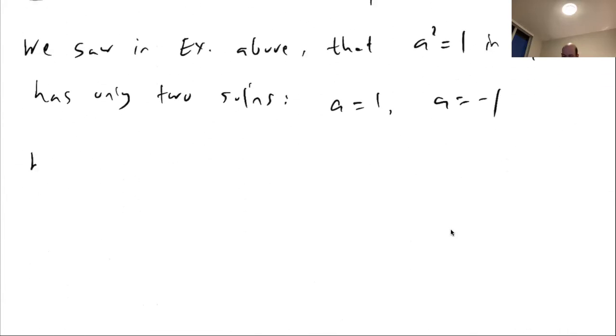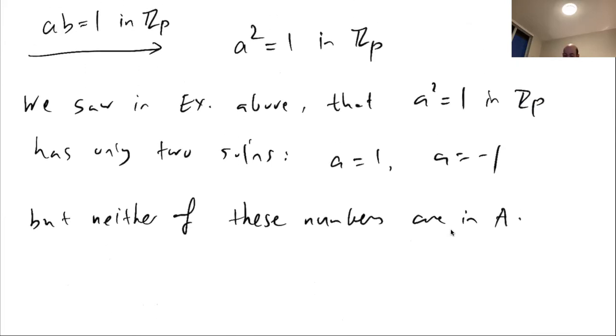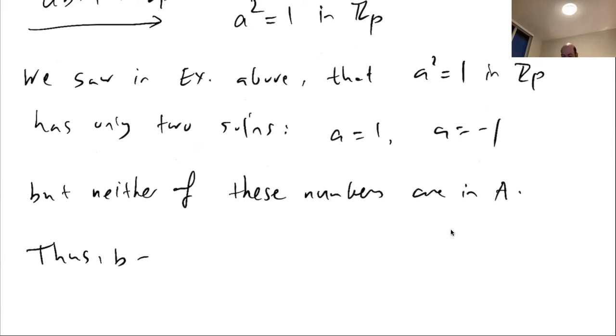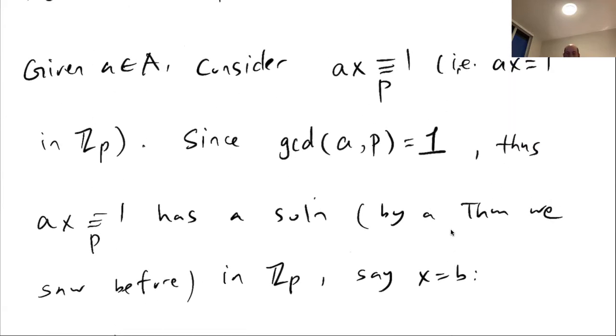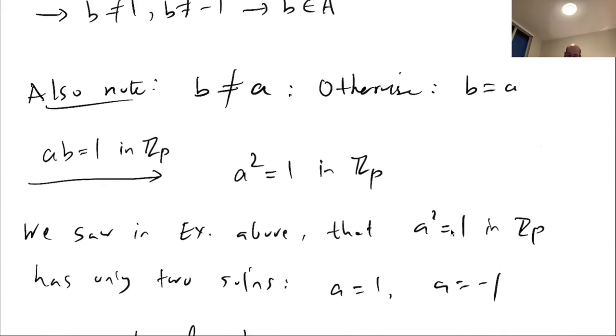But neither of these numbers are in A. So that means B is not equal to A. Remember, the original A was supposed to be in A, capital A. But here I got basically a proof by contradiction.